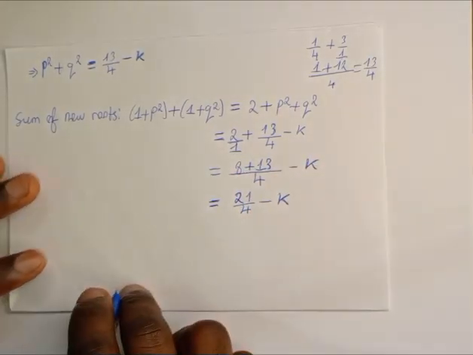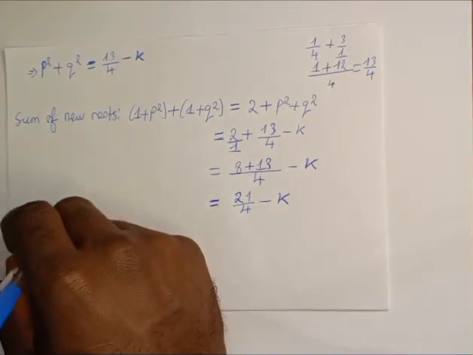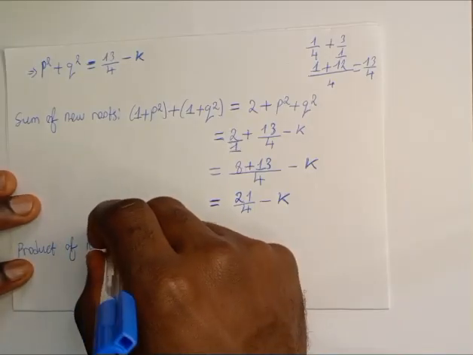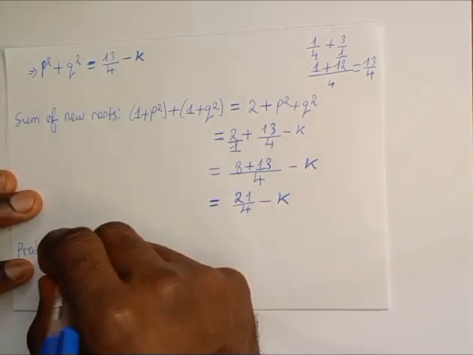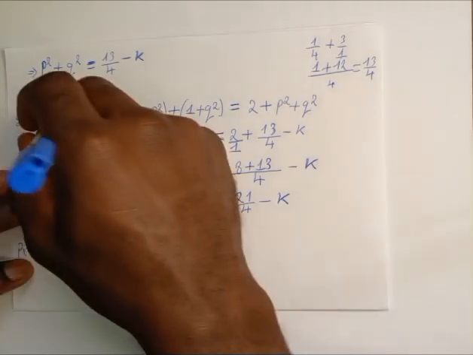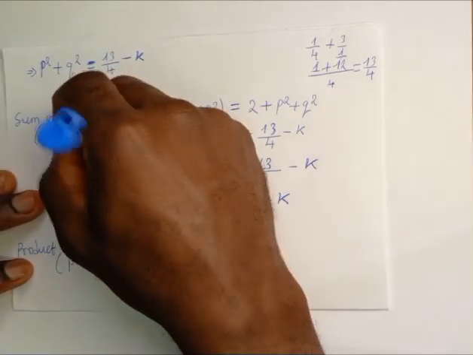So this is for the sum of new roots. The next thing, we need the product of new roots. And we denote the product of new roots as p n r. We denote the sum of new roots as n r.